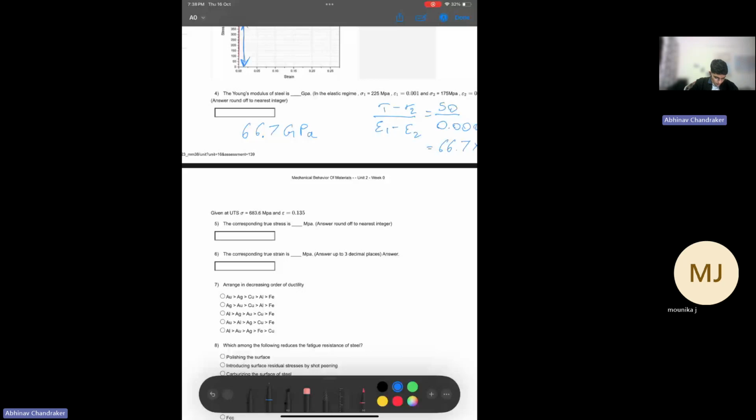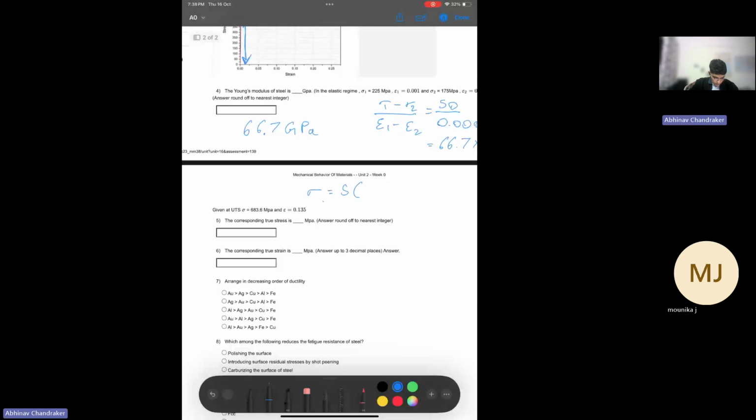I think it was something like this: sigma equal to S into 1 plus E, and epsilon equal to ln of 1 plus E, where E is the engineering strain.